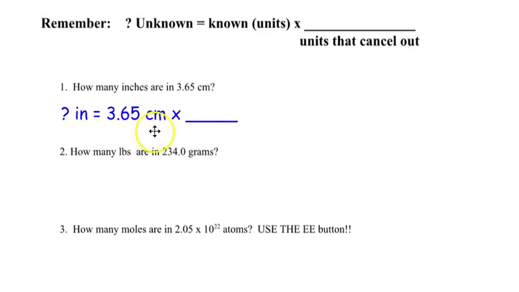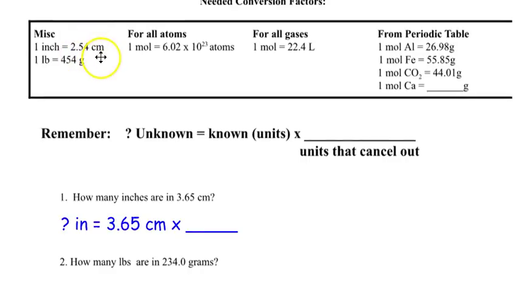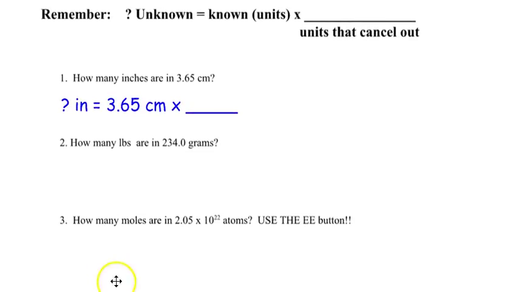What unit is given? Centimeters. So what unit do you need to get rid of? You need to get rid of centimeters. So look up here, scrolling up and down. Put centimeters on the bottom, inches on the top. I do know a direct relationship between centimeters and inches. So I can put centimeters on the bottom. Why? They cancel out. Put inches on top. Why? Because that's what I'm looking for. I want inches, so I put inches there.